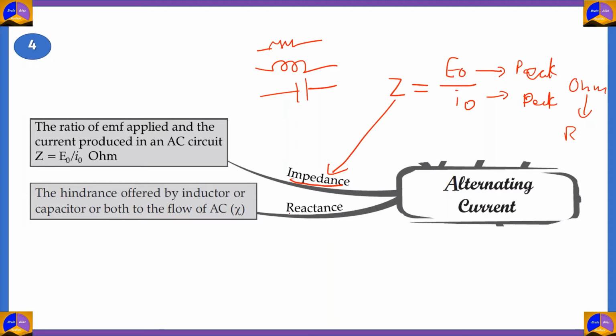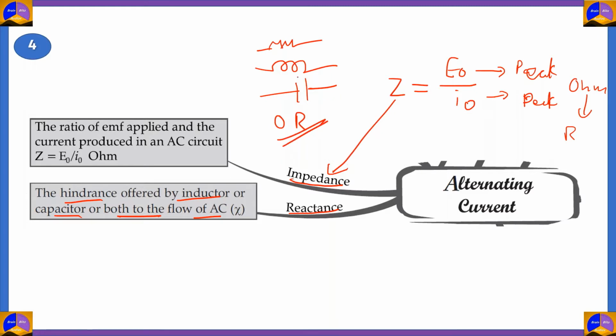Let's look at the next quantity, that is reactance. Reactance is the hindrance offered by the inductor or the capacitor, or both, to the flow of alternating current. So this is the resistor that I've been talking about. Usually in an ideal situation, both an inductor and a capacitor have zero resistance.